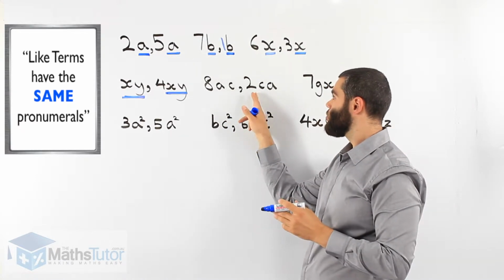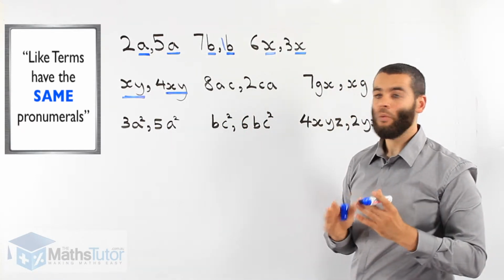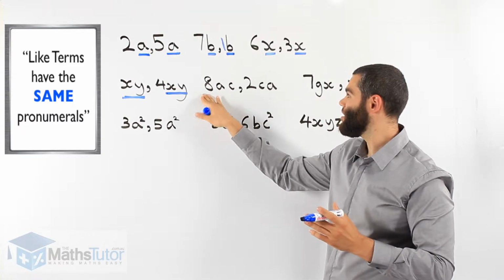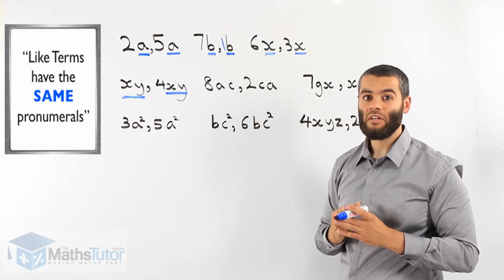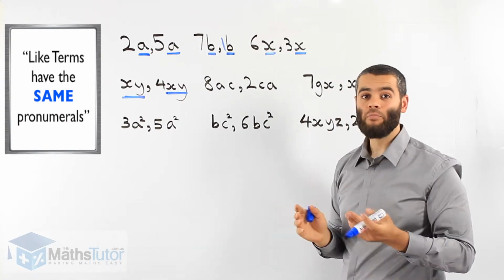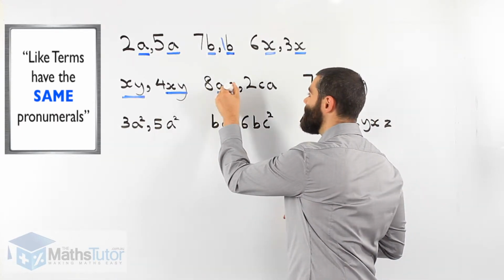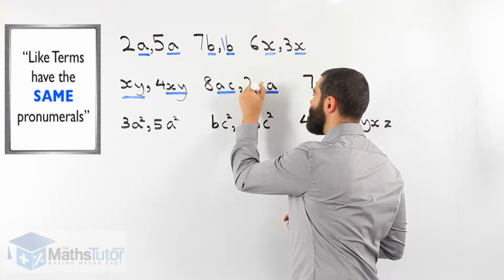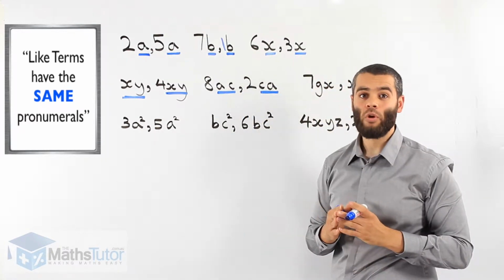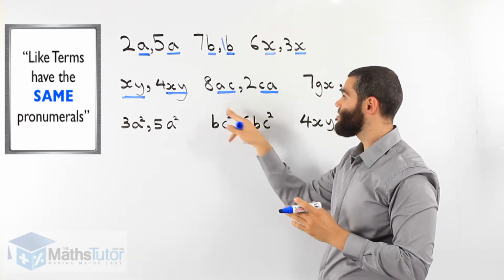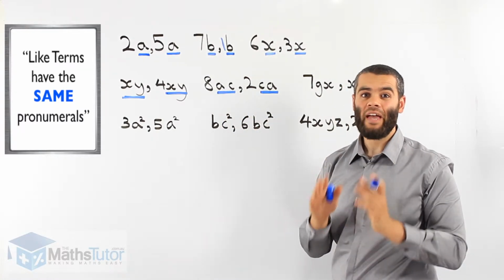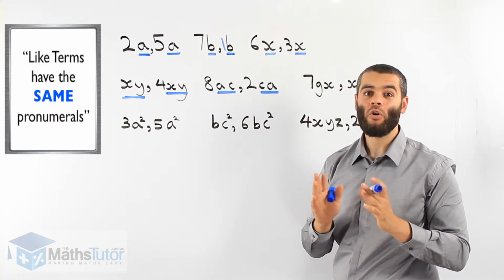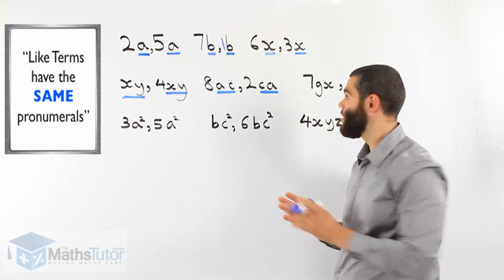8ac, 2ca. We have a term here, 8ac, and another term, 2ca. Are they like terms? Let's see. Do they have the same pronumerals? We have ac here and ca here. They have the same pronumerals, however they have been swapped. AC, CA, doesn't matter. As long as they have the same pronumerals, the order does not matter at all.